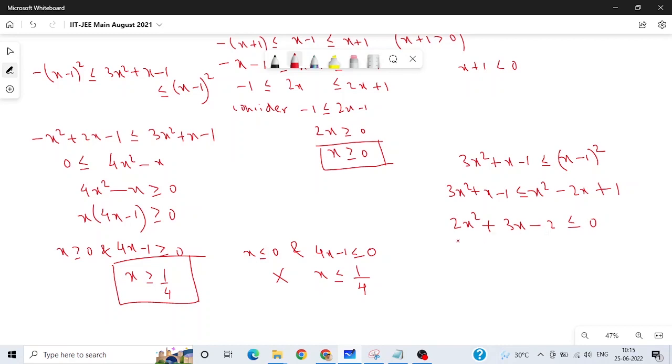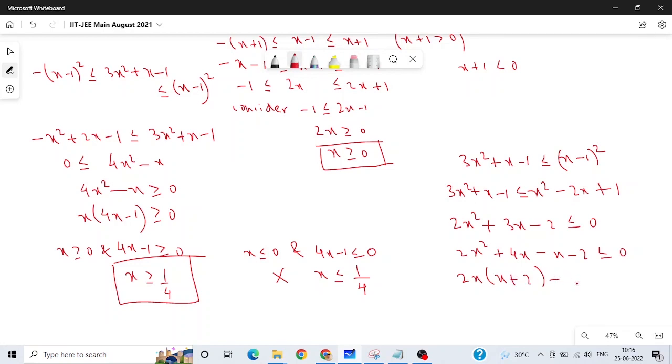So again we will factorize this. We are going to get 2x² + 4x − x − 2 ≤ 0. Then we take 2x common and we get x + 2, and as we are taking 2x common we are left with (x + 2).